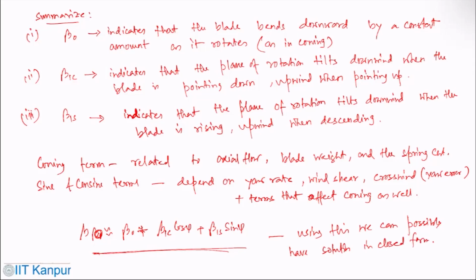So one can take the derivative of this particular equation and substitute the results into the full flapping equation, and then collect the terms to match coefficients of the function of azimuth.